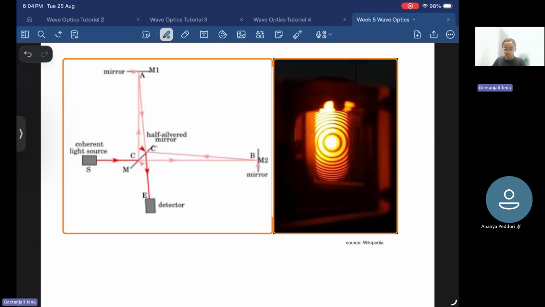If you look at this figure, which I took from Wikipedia, this is the schematic of the Michelson interferometer.